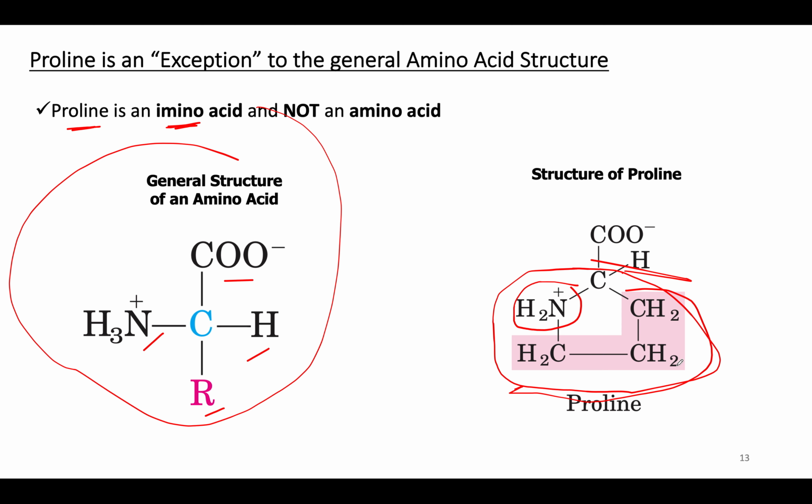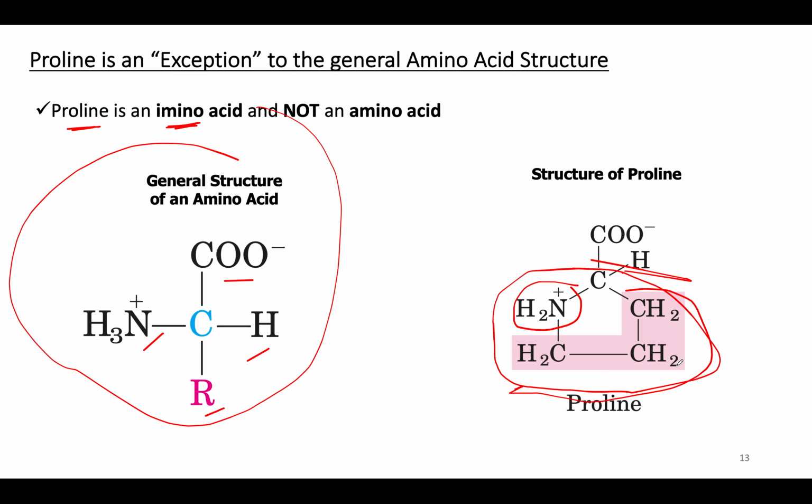Let us try to frame an MCQ so that you can understand what kind of questions you may expect. The presence of the pyrrolidine ring will identify which of the following amino acids. You are given a list of 5 amino acids. You know that a pyrrolidine ring is a particular structure that is formed by the reaction of the amino group with the side chain, and such a reaction takes place only in proline.